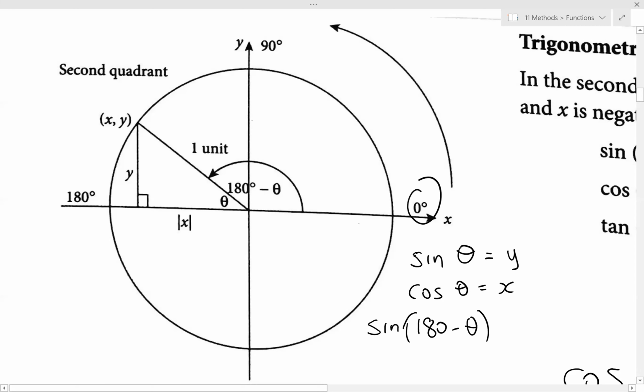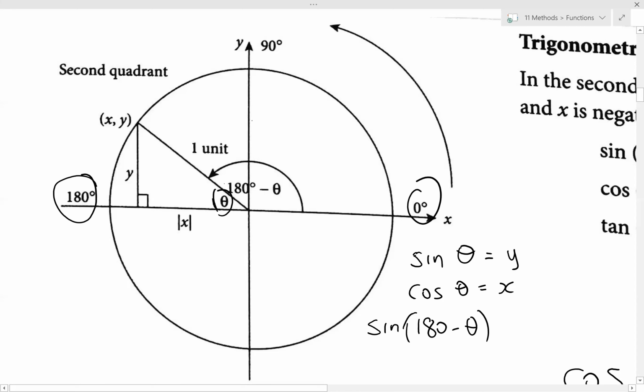You can see the 0 degrees here. When we're measuring our angle from this side, we start from 180 and we either add on to that if we're going into this quadrant, so this would be 180 plus theta. But we're only looking at the second quadrant at the moment, so in this case, we look at 180 subtract the size of theta.